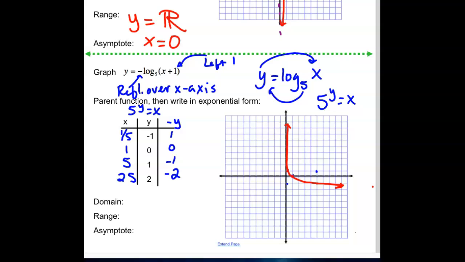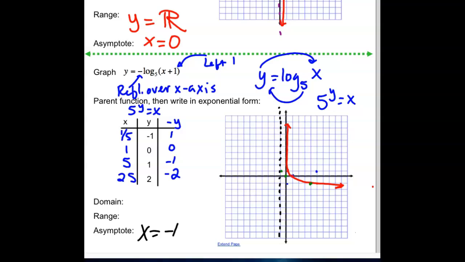Now we still have to shift everything left 1. So we're going to take our dots and shift them all left 1. And our asymptote is also going to shift left 1. So we have an asymptote here at x equaling negative 1.